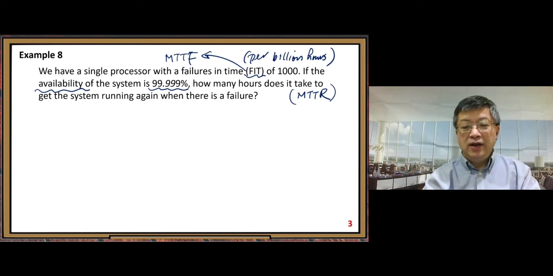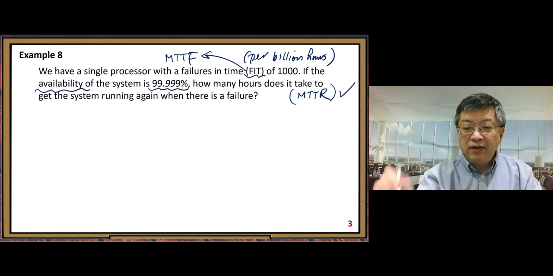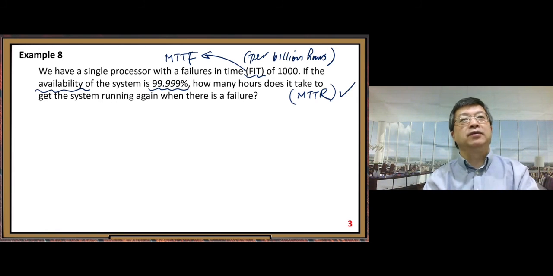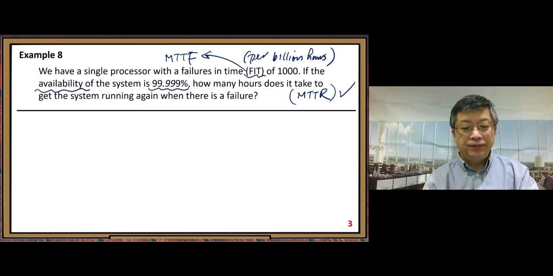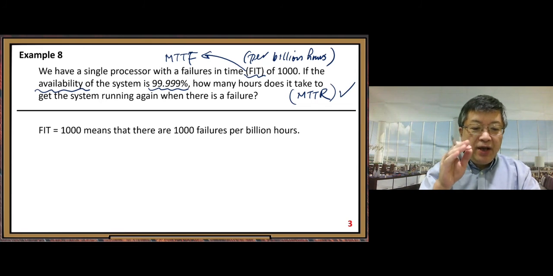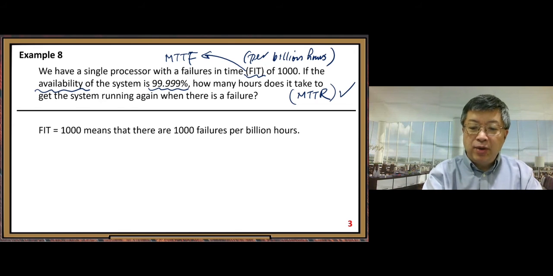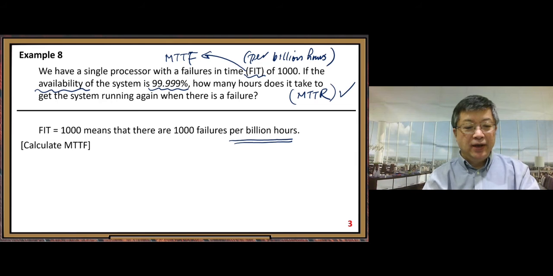Then with the availability formula, you can calculate this number. All right, let's do it. Very simple. When we start, we know FIT is 1,000 per billion hours.